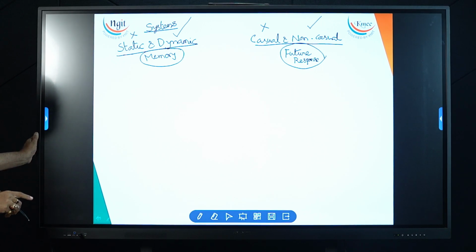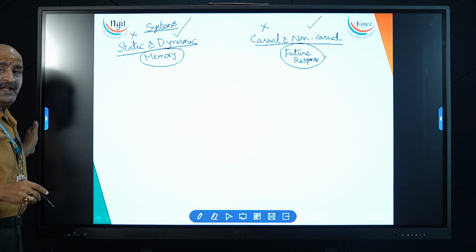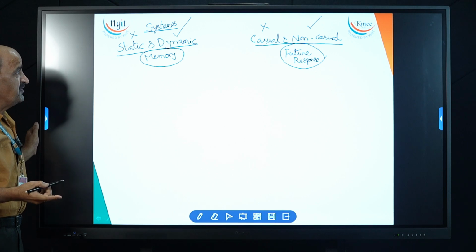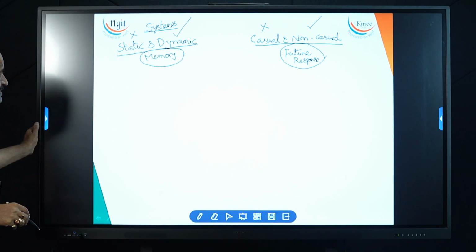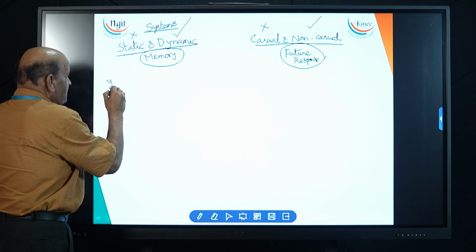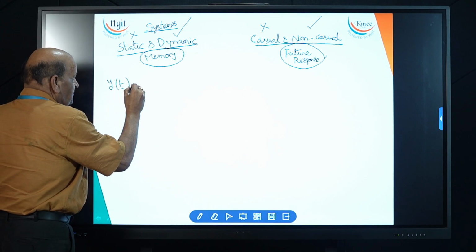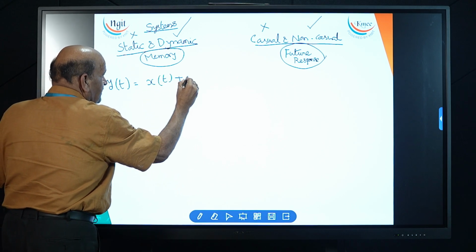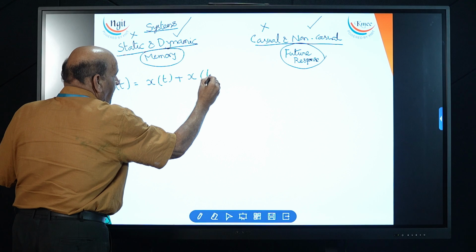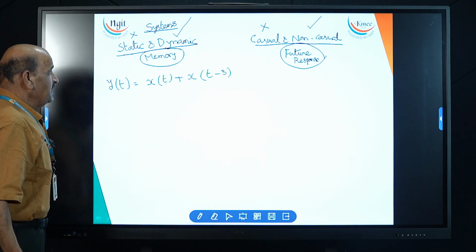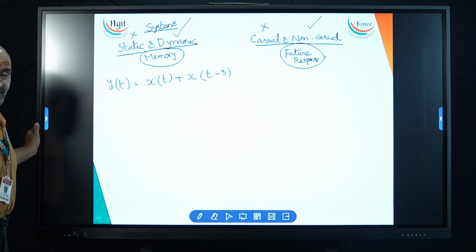Now we are going to the mathematical representations, and how you as a student can differentiate between these two. In examinations or analysis, generally a mathematical equation is given. For example, y of t equals x of t plus x of t minus 3. A mathematical model is given.